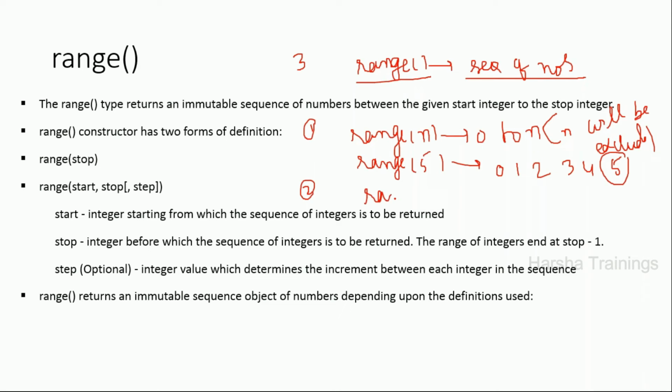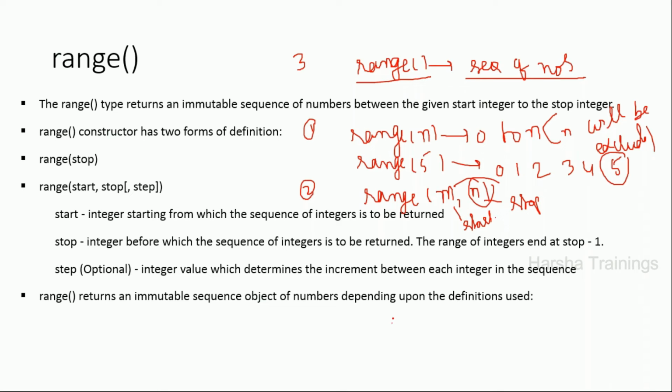Now, let me go to the second syntax of the range function. Range of m comma n, where m is the start number and n is the stop number. It generates numbers starting from m up to n, and n will be excluded.